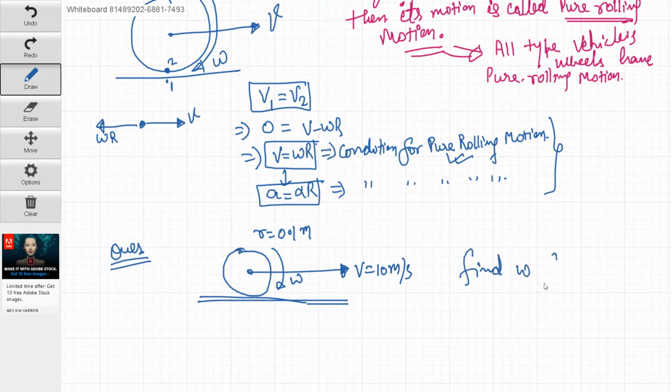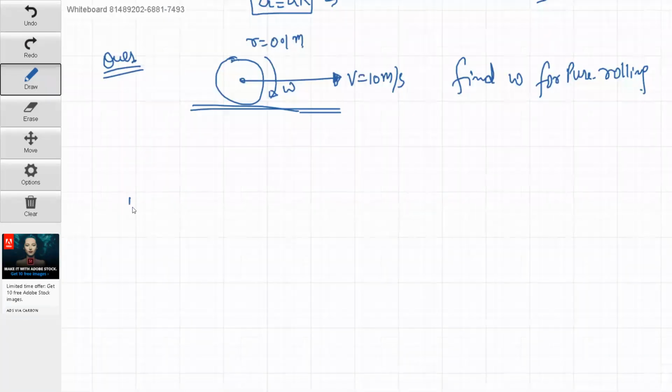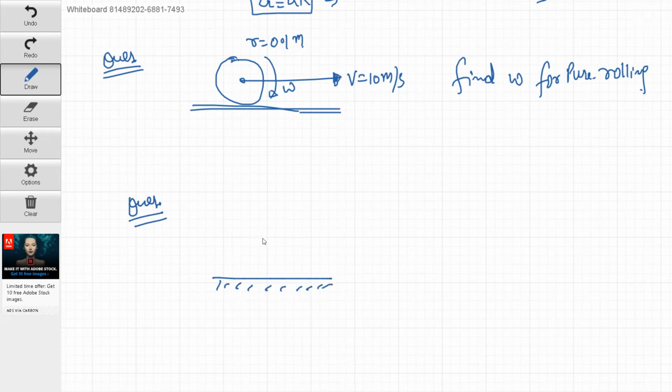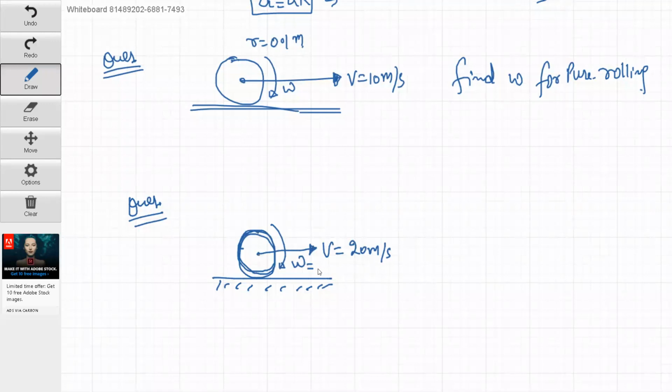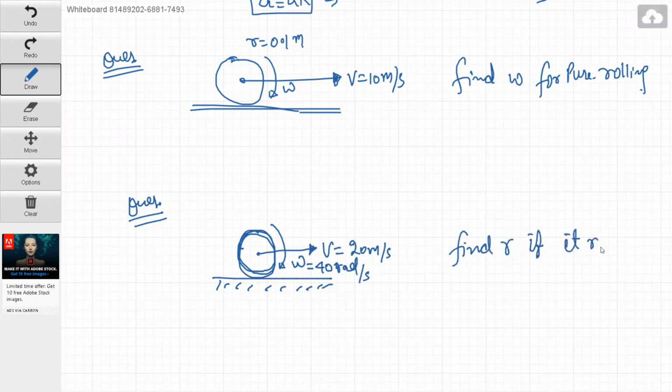Find omega for pure rolling. Find radius if it is rolling purely.